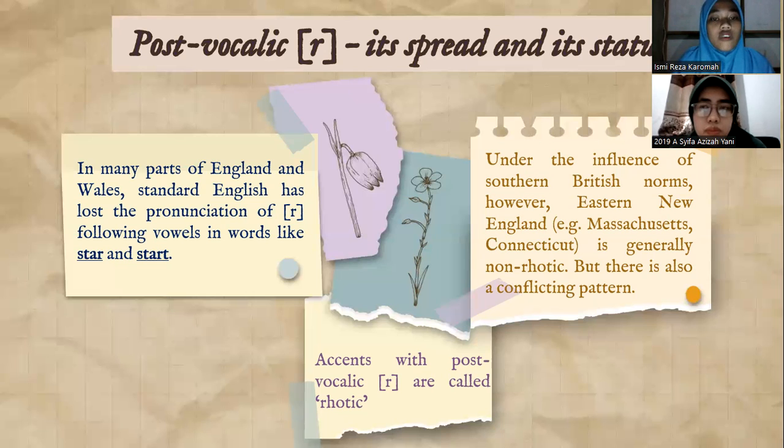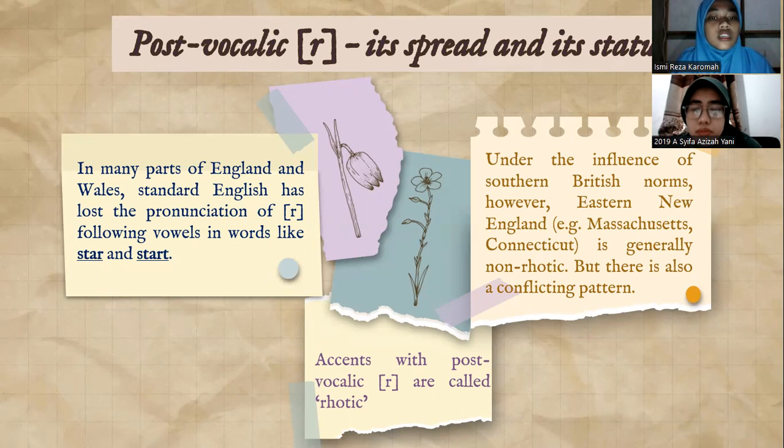In large areas of England, rhotic English accents are regarded as rural and uneducated. In large parts of the USA, on the other hand, post-vocalic R is alive and well and extensively used. Many US accents are rhotic under the influence of Southern British norm.